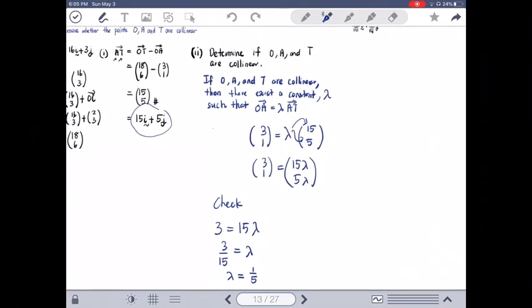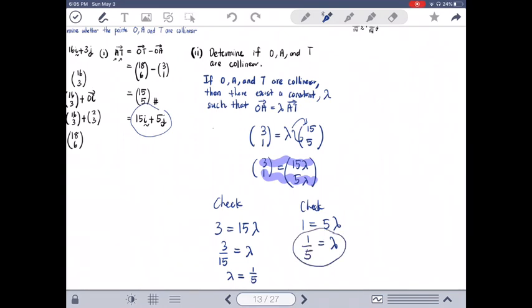So the second part, check. If you see, we've done that one. Now we check for the j component. 1 equals 5 lambda. So lambda equals 1 over 5.